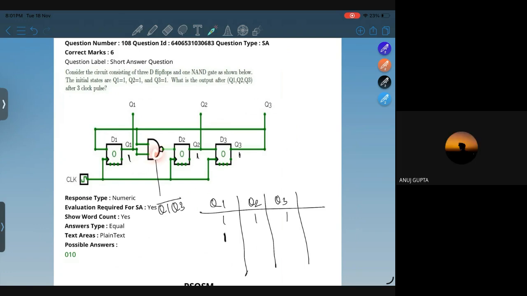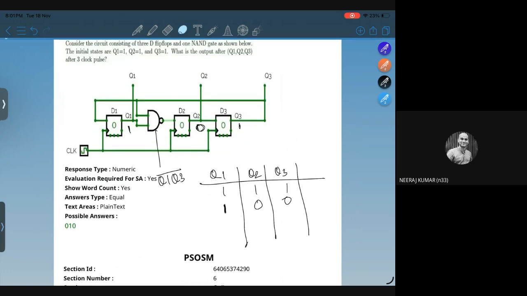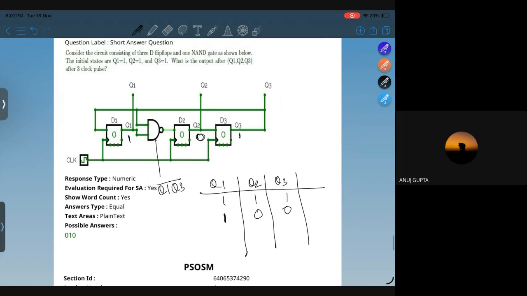So Q2 will be 0. And then Q3 is Q2, so you can write the Q2 value directly into Q3. You have to look at the previous row and do the same thing for the next 3 clock pulses. So you will get the answer.